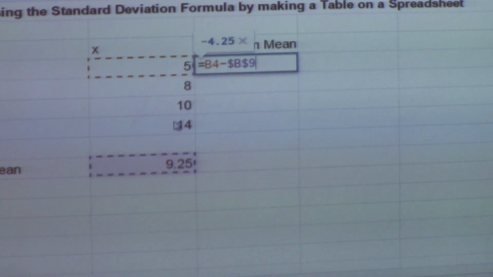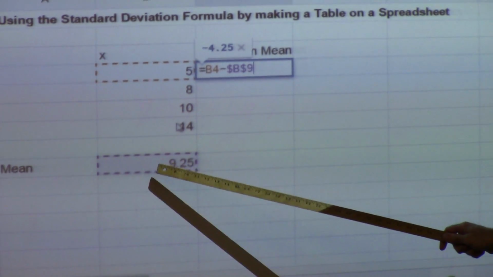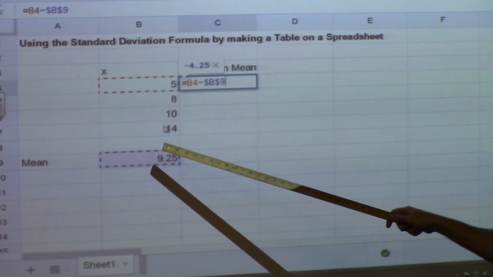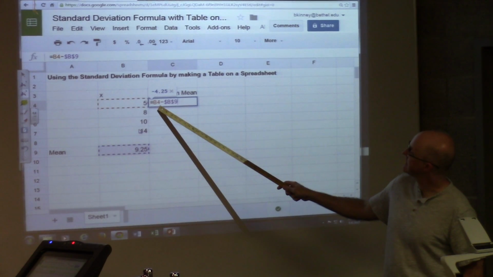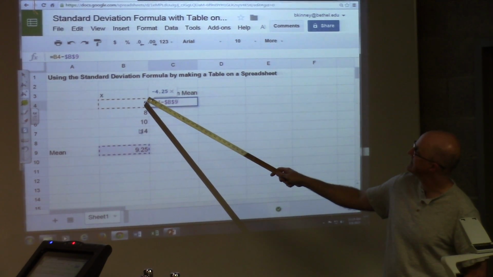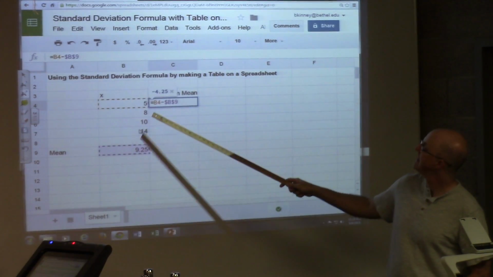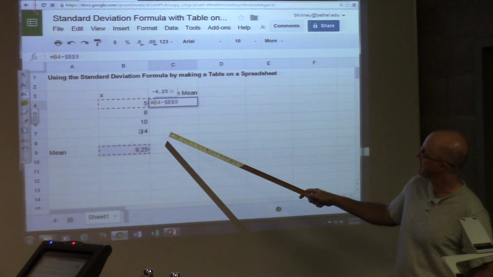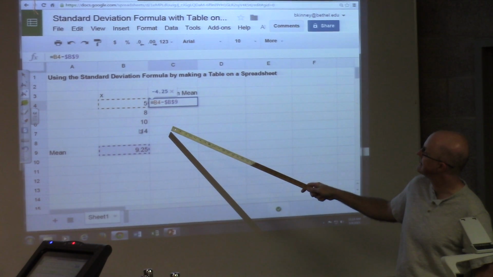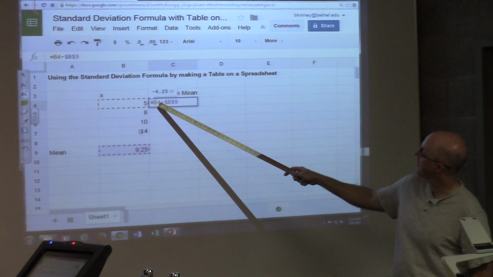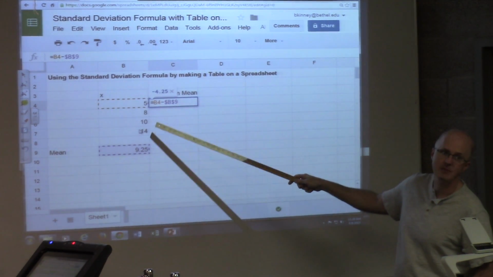By using the dollar signs, that's going to keep this cell fixed, 9.25. That value is always going to be subtracted. By not using the dollar signs there, that's going to keep this cell reference not fixed. When I copy and paste this formula, as I'm about to do, down to cell C5, then C6, then C7, that part of the formula will get updated to B5, B6, and B7.